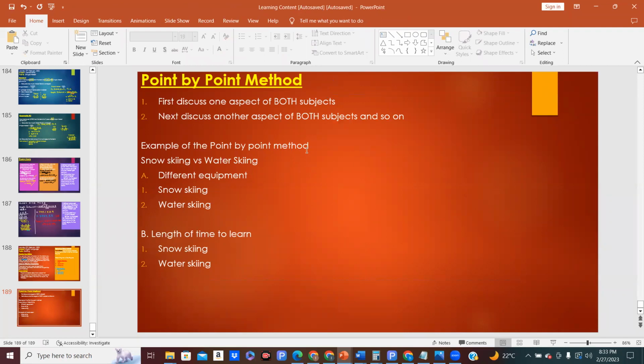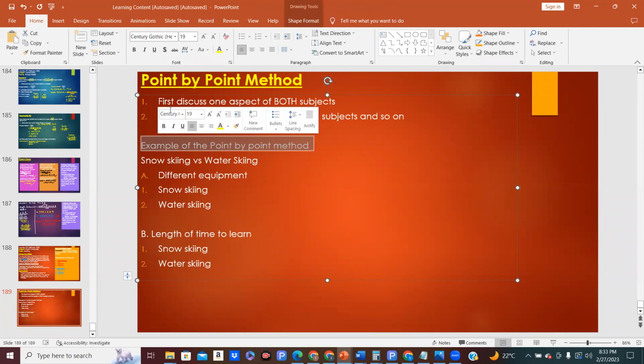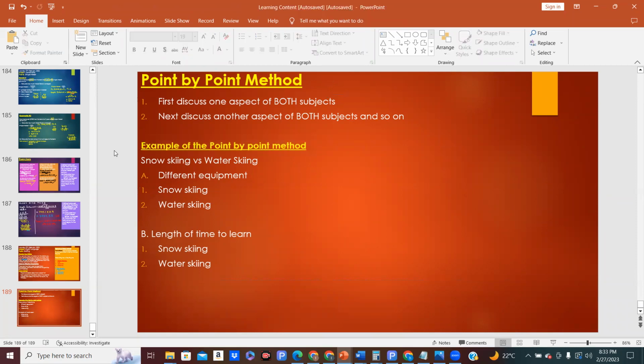So I'd rather use the block. Okay. Anyone else? Block method or point by point? I'm with him. I also want to use the block method. Go ahead, Zayden. I'm with him on the block method because I don't want to multitask and do both subjects at the same time. Okay.